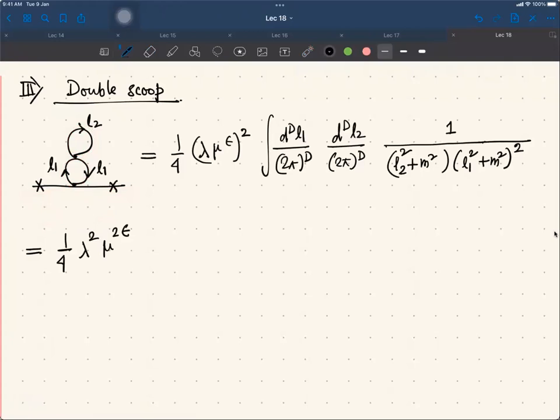Now these two integrals, the L1 and L2 integrals, are independent, so I can just factorize them.